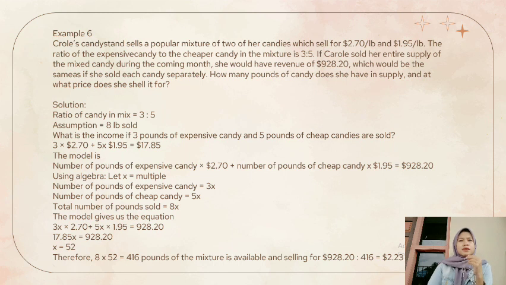The model is number of pounds of expensive candy times $2.70 plus number of pounds of cheap candy times $1.95 equals $928.20. We will calculate it using algebra.